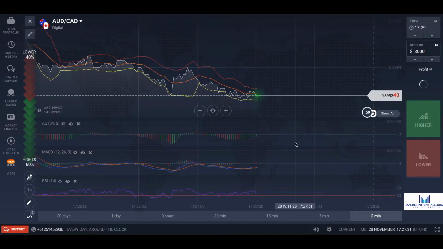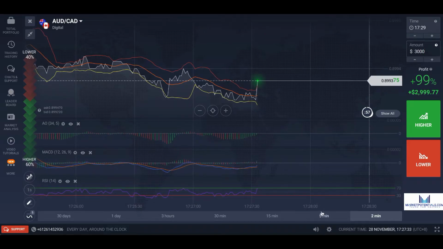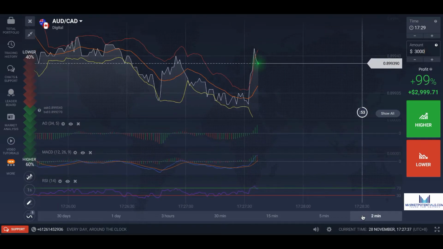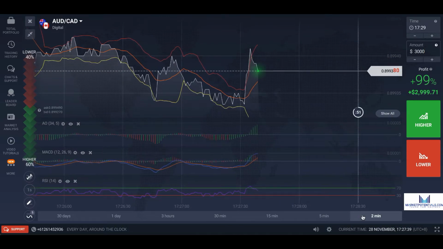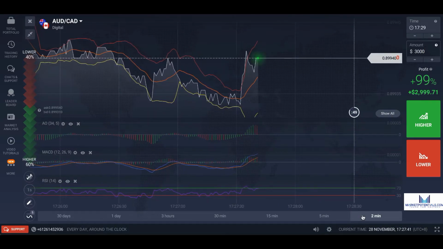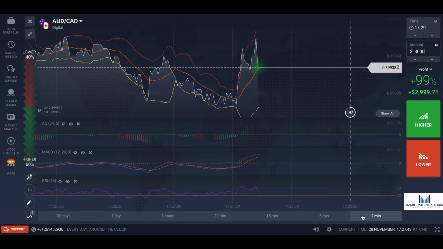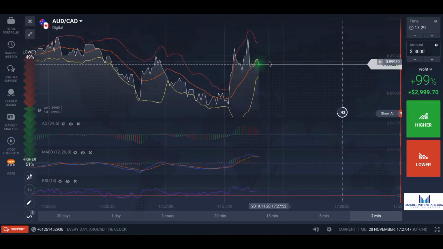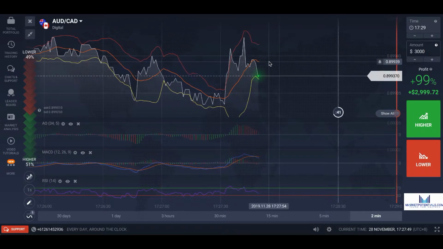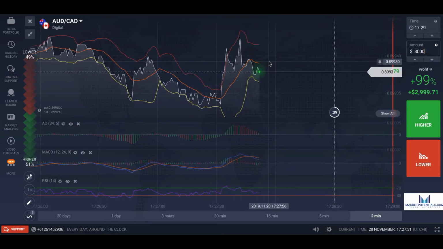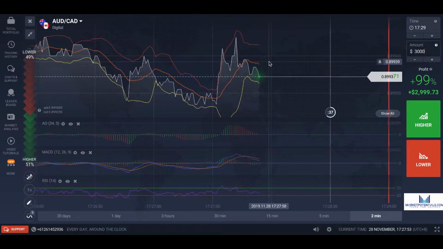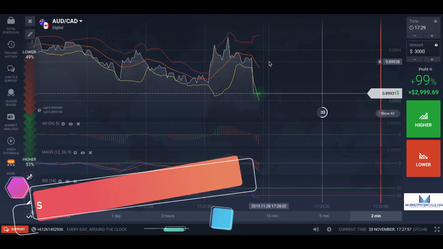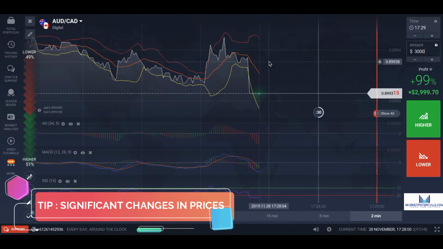Now, I'm going to sit this one out and just watch the chart a little bit longer. I'll talk you through what exactly I'm looking for. I'm looking for a significant movement, just like the ones you see here, this huge jump. What you want to do is time it correctly and enter the trade when the chart is significantly weak or significantly strong. That would be the best time to go in.